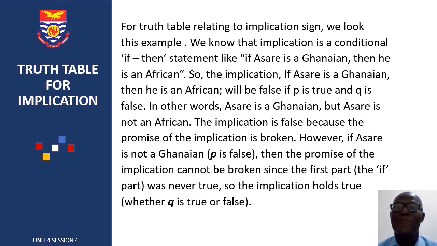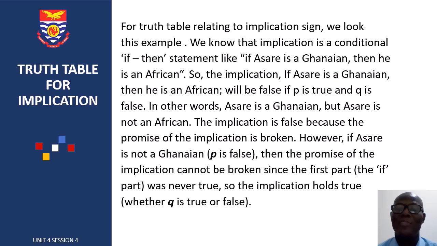Also, if Asare is not a Ghanaian, implies he is an African. This statement may be true, because since Asare is not a Ghanaian, he can belong to any other African country. So this statement may be true.